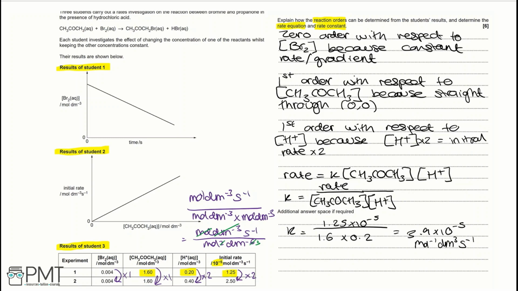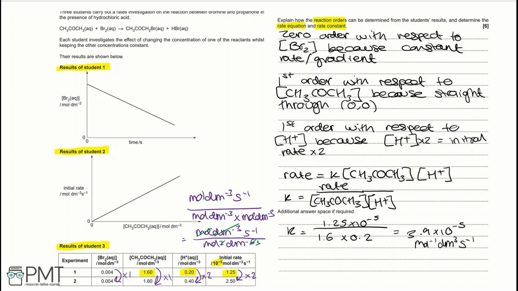So it's a zero order reaction with respect to the concentration of bromine. Then for student 2 we've got initial rate against the concentration of CH3COCH3, and this is a straight line through the origin, so it's a directly proportional relationship. That means as rate doubles, concentration doubles, and this is a characteristic of a first order reaction.